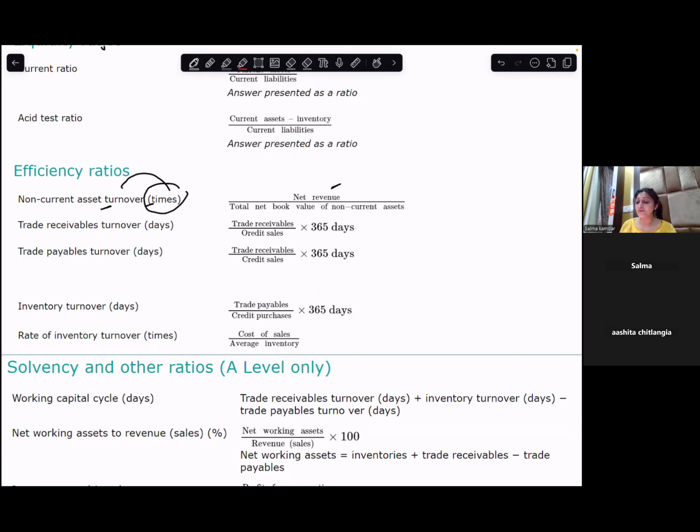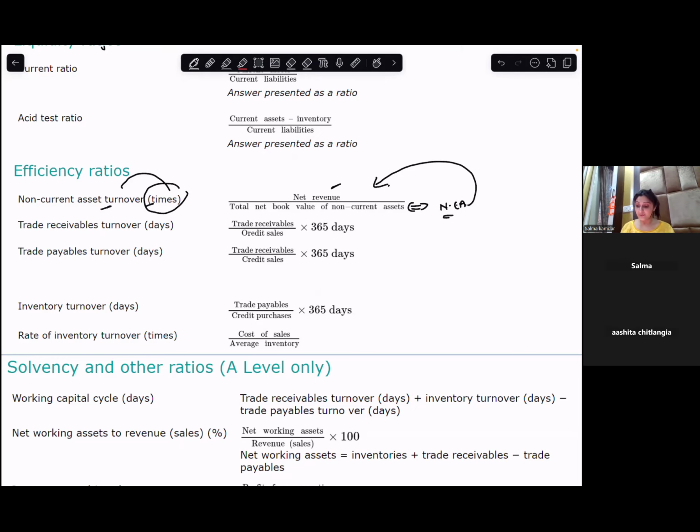This ratio is telling you how efficiently you're using your non-current assets to generate revenue. This is your efficiency ratio, that is non-current asset turnover ratio. Are you with me? Yeah, I got it. Okay, very well.